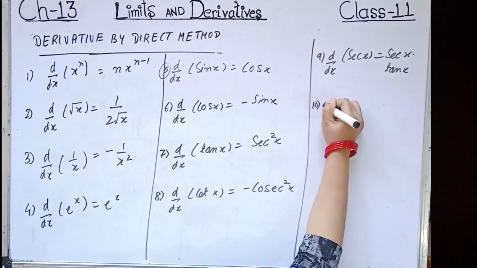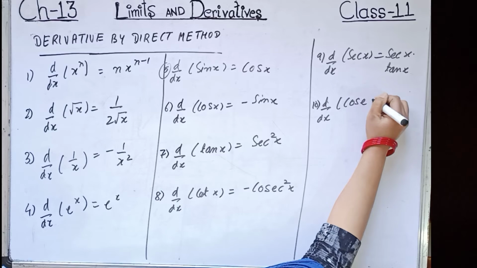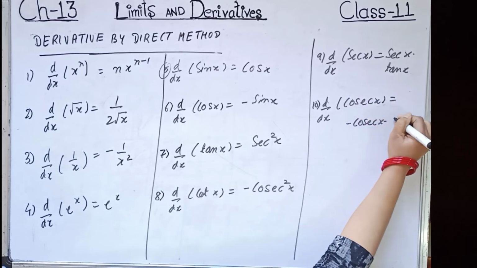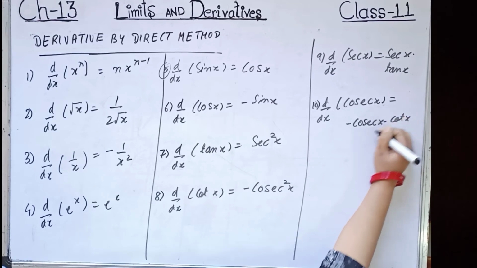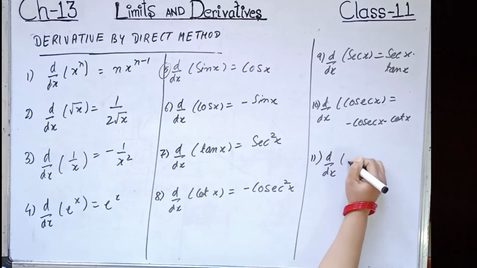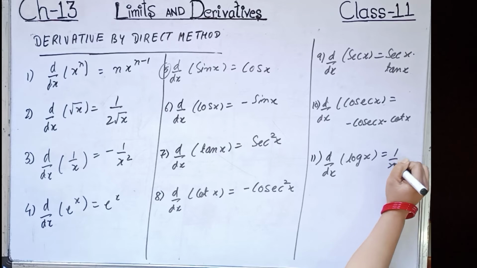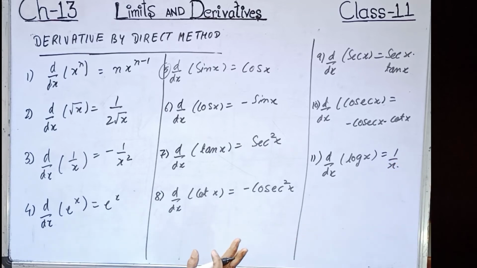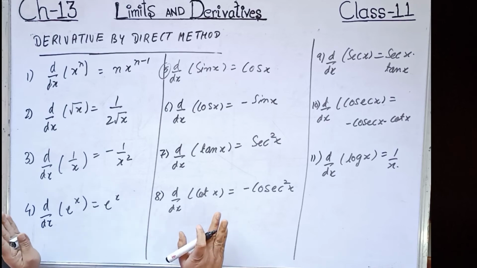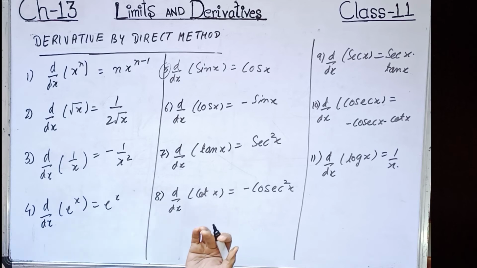And number 10, d by dx of cosec x equals minus cosec x into cot x. Number 11, d by dx of log x, natural log, equals 1 by x. Keep this in mind so that when we are doing differentiation by first principle method, the answer should at least be in our mind.